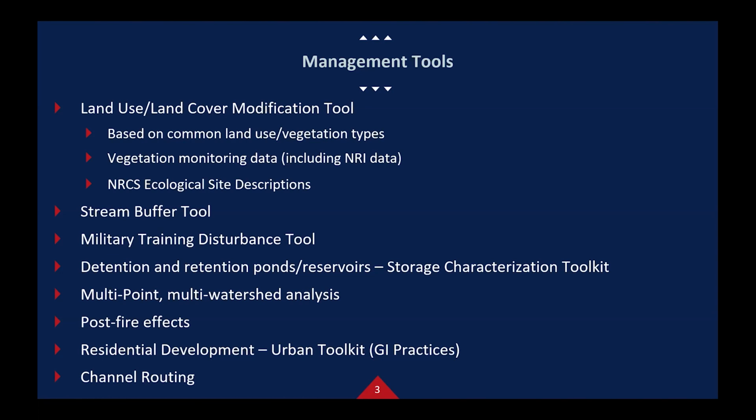We have a tool that allows us to incorporate a buffer strip into the model. We can say this length of channel will have a buffer strip of a certain type, so we can have input parameters for that buffer around a stream, lake or water body. We have another tool that looks at military training disturbance.